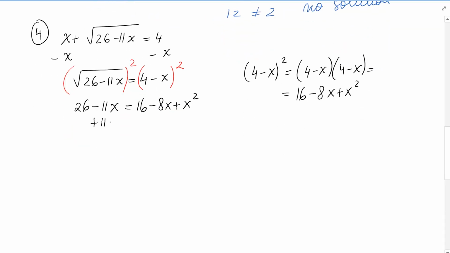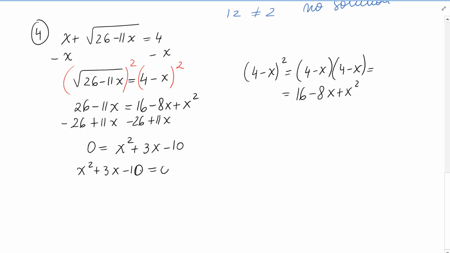So 26 minus 11x equals 16 minus 8x plus x squared, which is a quadratic equation. So I'm going to add 11x to both sides, and I'm going to write it under the like terms, and subtract 26 from both sides. So we get 0 equals x squared plus 3x minus 10. Or I can write x squared plus 3x minus 10 equals 0.